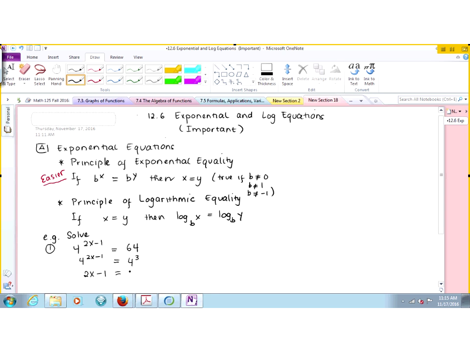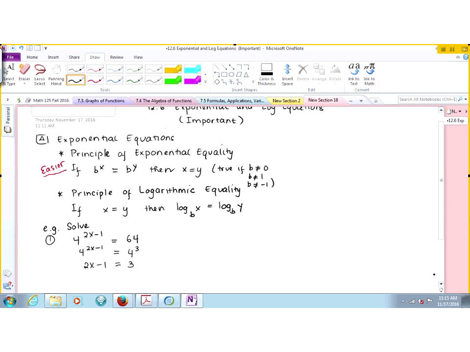So 2x minus 2 is equal to 3. Then you could solve for x. So 2x is equal to 4, x is equal to 2. This is easy, isn't it? Because you have the same base.